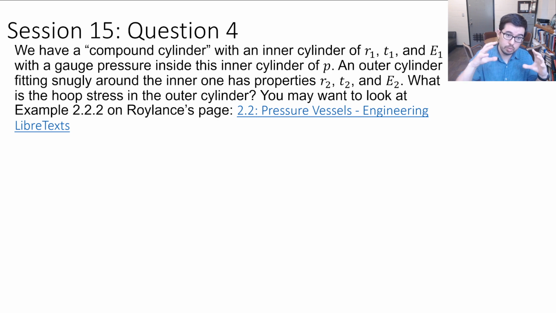These two are going to have an expanding radius that matches each other, and there's going to be some capturing of the pressure in the initial one, so the pressure that the other one experiences is going to be different on the outer one. For a great description, take a look at Roylance's page. It has a very nice example, 2.2.2, and will allow you to solve this problem.